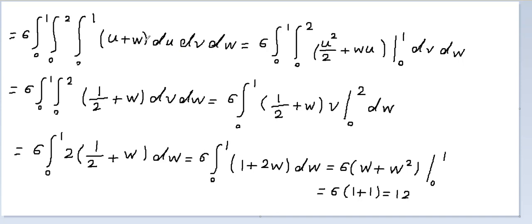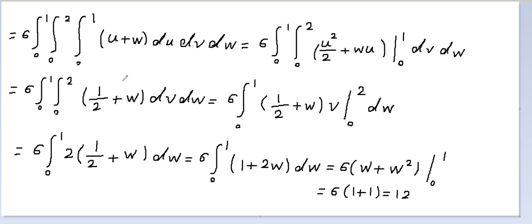The integral of u is u squared divided by 2, and w is constant, so it becomes wu, from 0 to 1. When u is 1, this becomes 1/2 plus w. When u is 0, this is 0. So only this is left: 6 times the integral of 1/2 plus w dv dw.